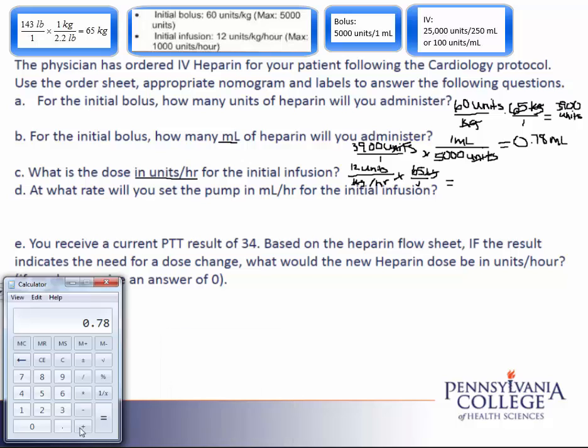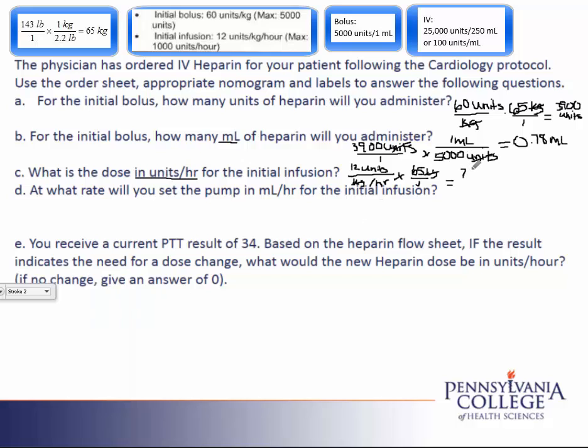My calculator will help me with the math. 65 times 12 means that the patient should receive 780 units per hour. Again, I want to check and make sure that this is below the maximum, and it is, so we can continue with this amount.